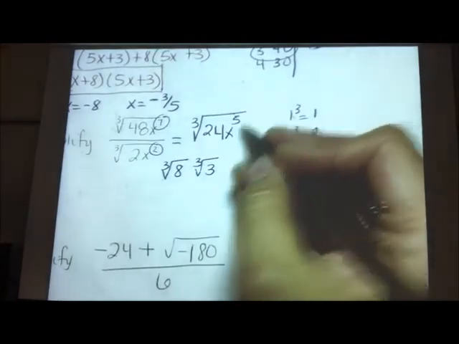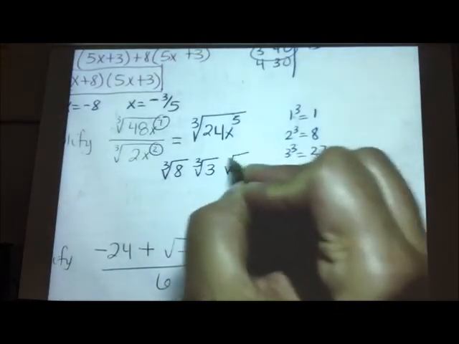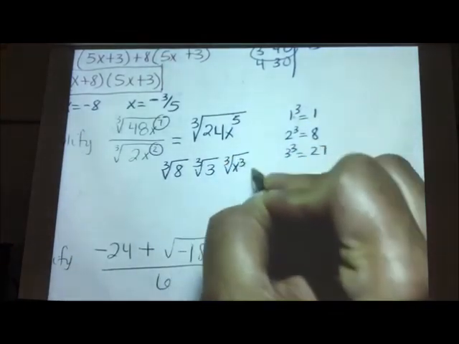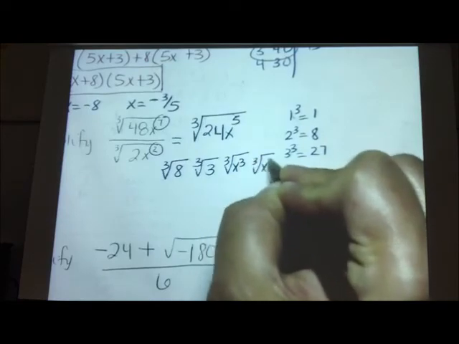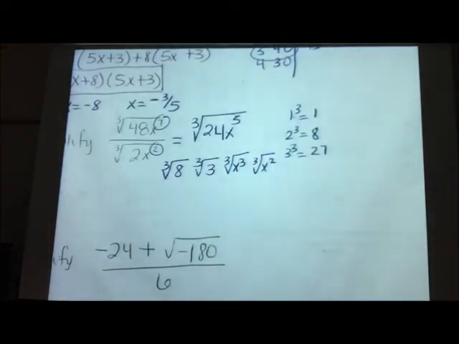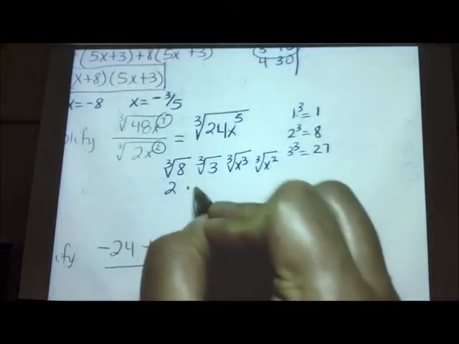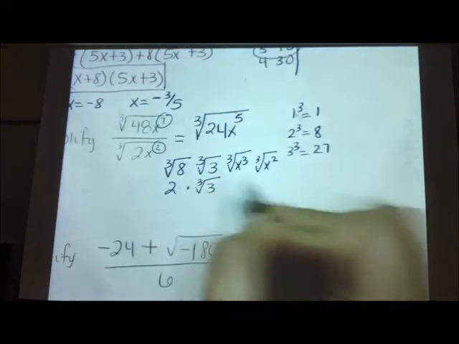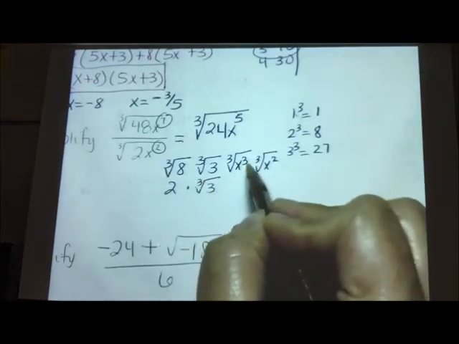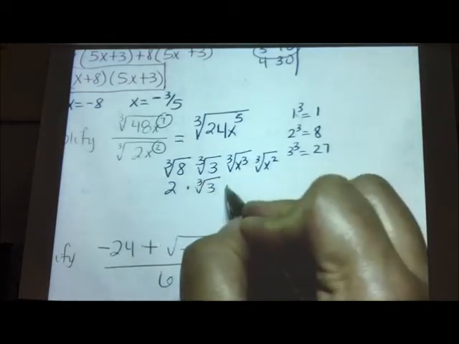Now, what do I do with my x to the 5th? Well, I need groups of 3. So I could do one group of 3, the other one stays x squared. So what is the cube root of 8? 2. Can I take the cube root of the 3? No. Can I take a cube root of x to the 3rd? Yes.